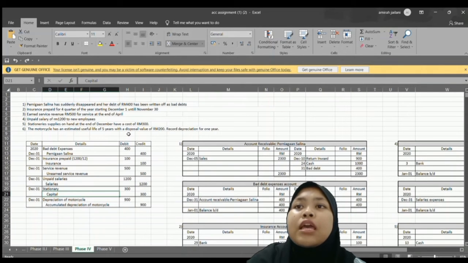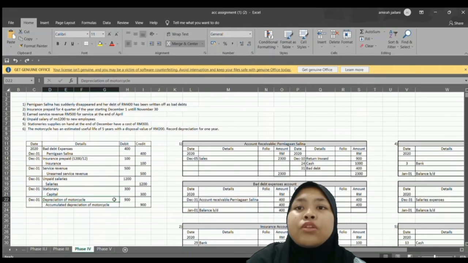So for number 6, the motorcycle has an estimate useful life for 5 years with a disposal value of 200. Record depreciation for 1 year. So dekat sini dia cakap motosikal yang dia beli tu ada estimate useful life dalam masa 5 tahun, dan their disposal value will be 200.